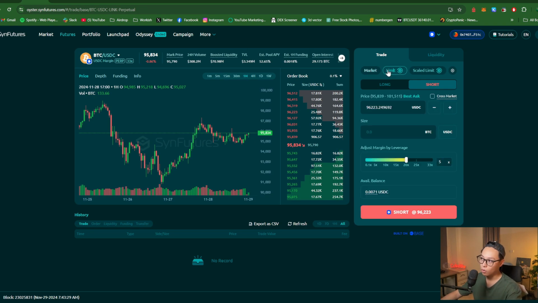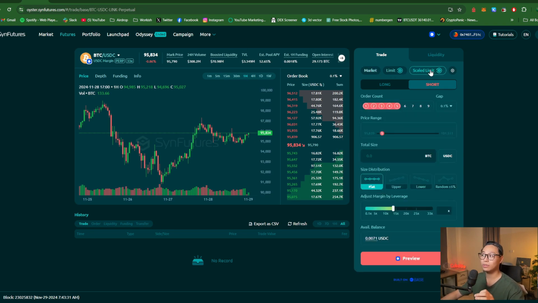You have the limit order, the market order, and also the scaled limit orders. Now, what is the scaled limit? Basically, it allows you to get into multiple orders in one transaction, at different price ranges. So for example, if I want SynFutures to fill 5 orders, I can choose 5 as the order count, and I can select the price range, which is the gap right here, 0.6%.